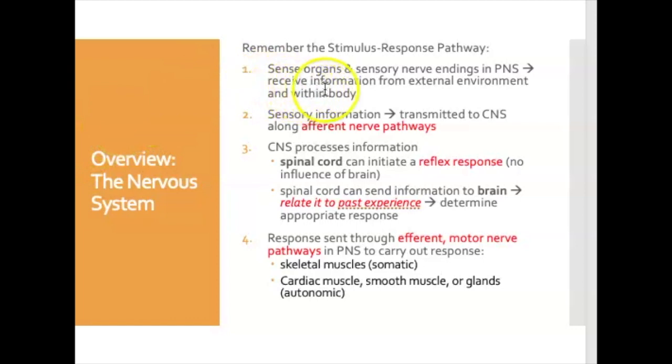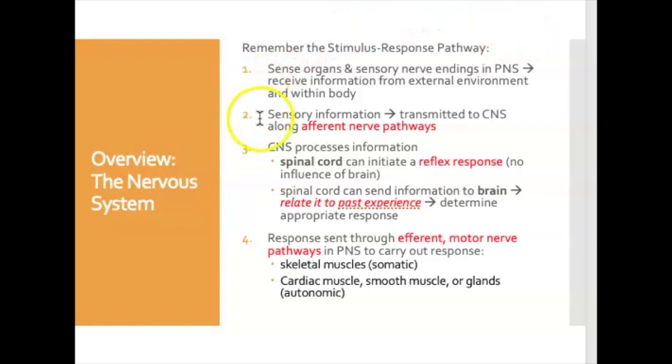The sense organs, your ears, your eyes, the touch and pressure and pain sensors that are in your skin and throughout your body, the sense organs and the sensory nerve endings that are out in the peripheral nervous system are receiving information all day long, every single day, from the outside world and also just from within the body.